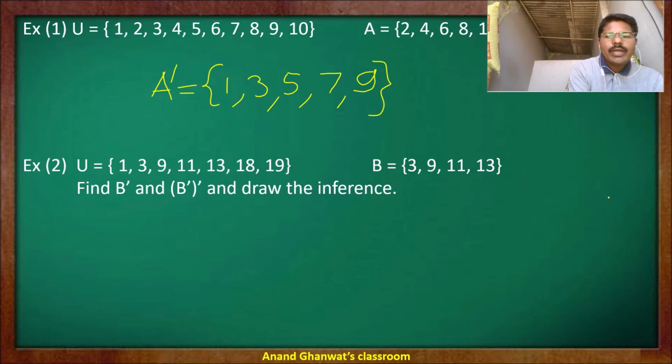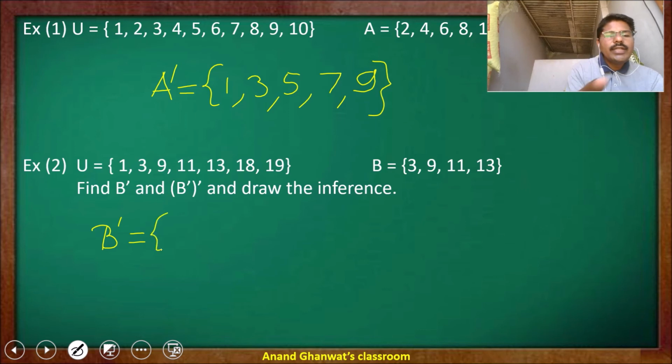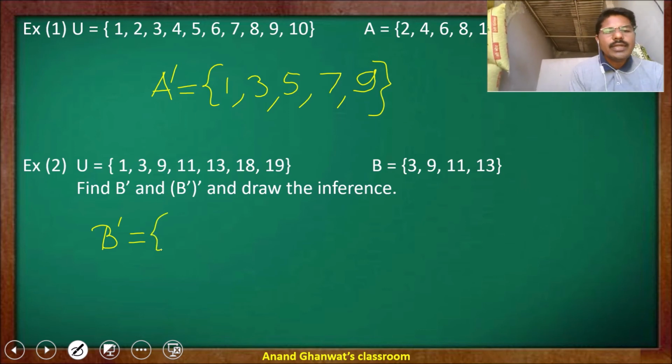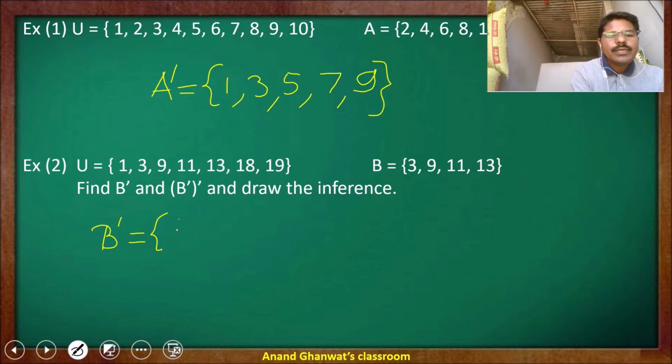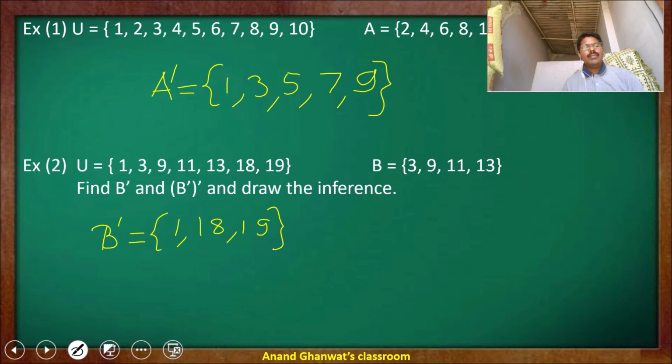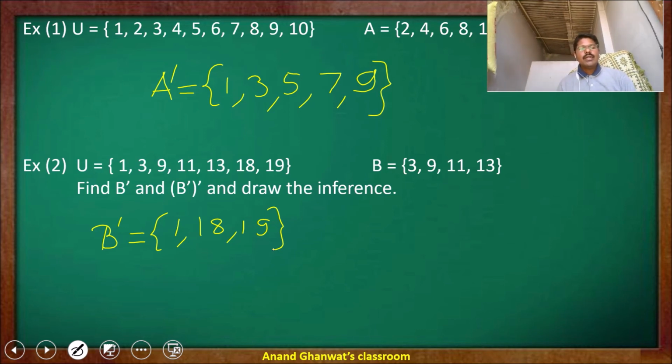B complement is the set of all elements which are present in the universal set but not present in set B. So 1 is not in B, 3 is present in B, 9 is present in B, 11 is present in B, 13 is also present in B, 18 is not present in B, 19 is not present in B. Therefore the given set B dash or B complement is 1, 18 and 19.